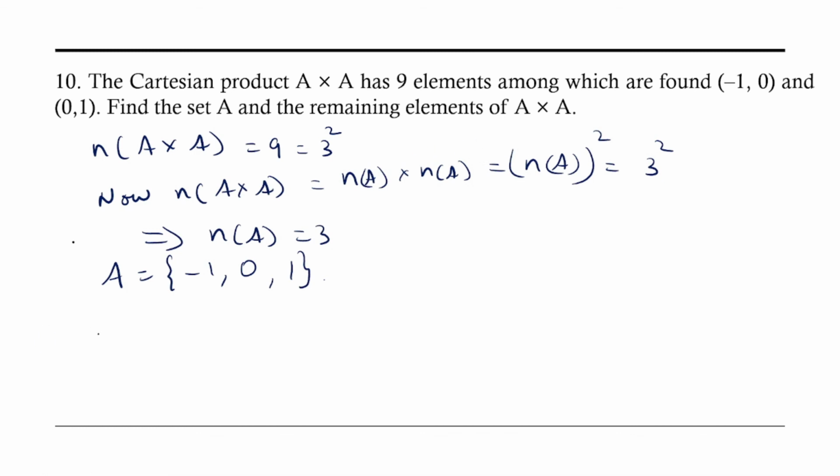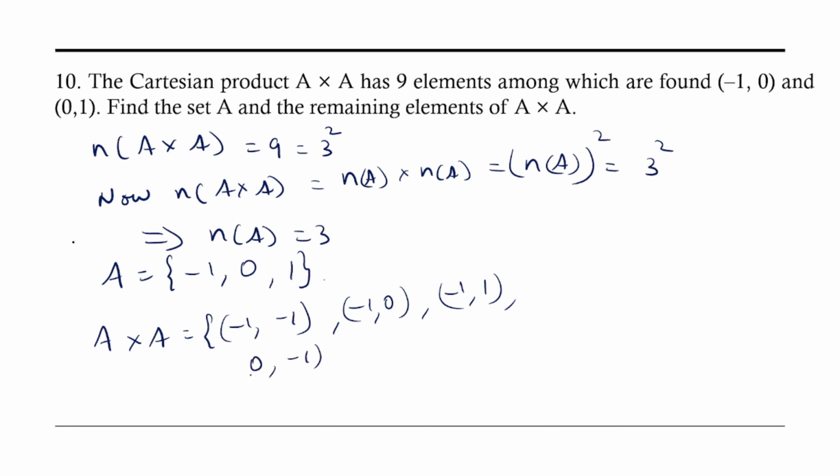So let us write A cross A fully. A cross A is equal to (-1, -1), (-1, 0), (-1, 1), (0, -1), (0, 0), (0, 1), (1, -1), (1, 0) and (1, 1).